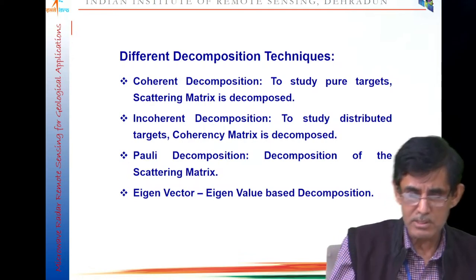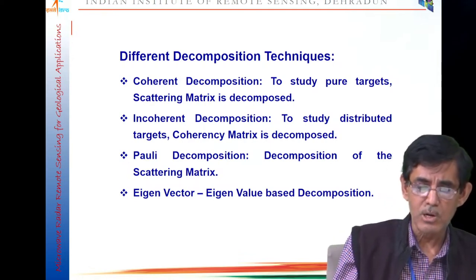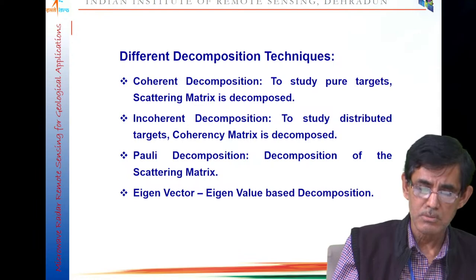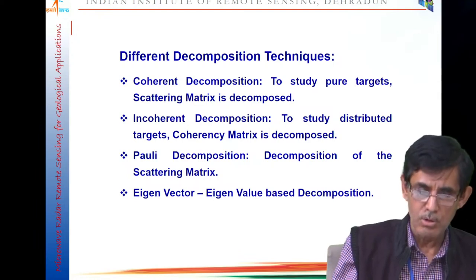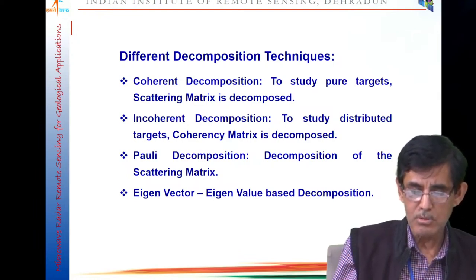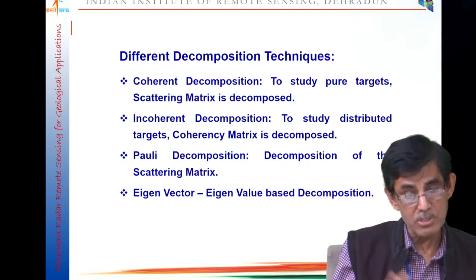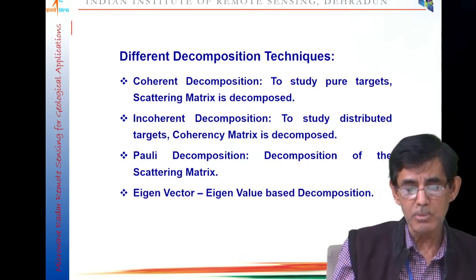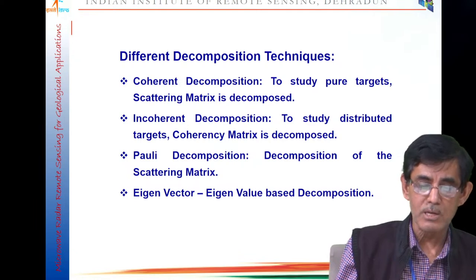As I started the discussion with the polarimetric SAR image, the geophysical factors like dielectric properties, surface roughness, and the geometry of the object, its shape and size, are also important. Those kinds of characteristics you can decompose.